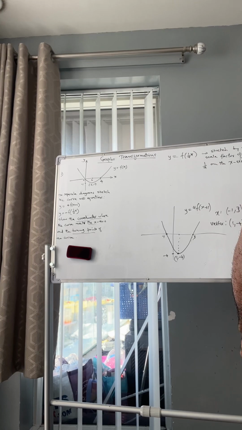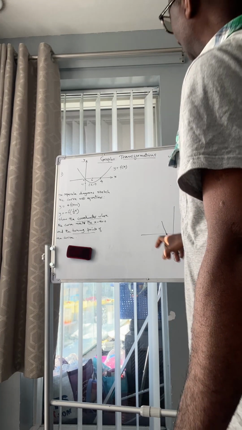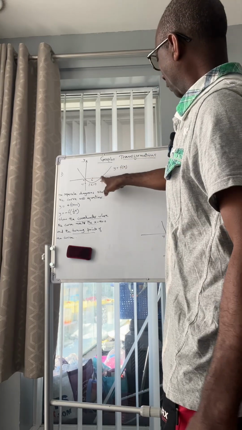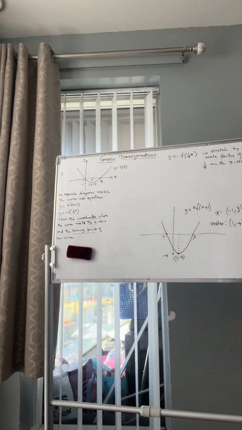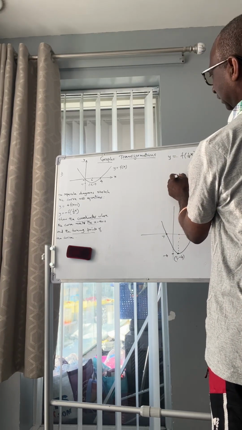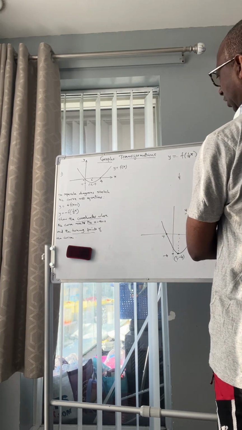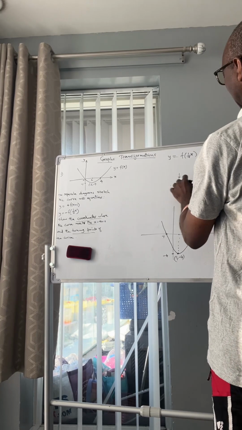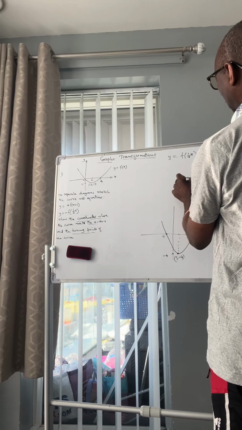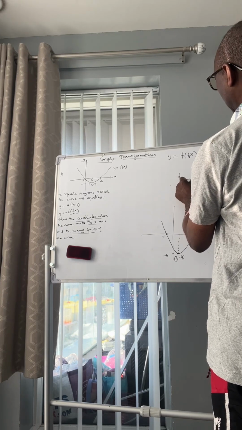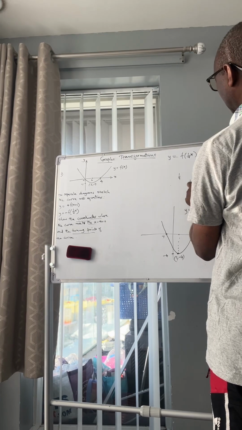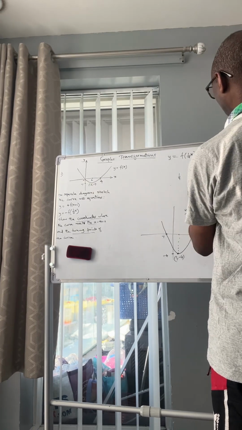We have a 4, from 0 to 4. If 1/A is the stretch, and now you have 1/2, this is going to be 1/2 times the stretch of 4.